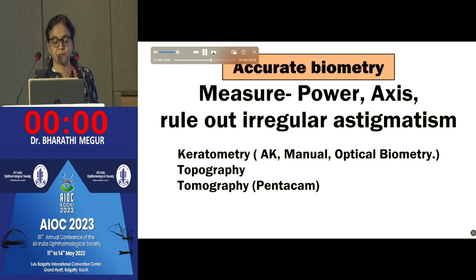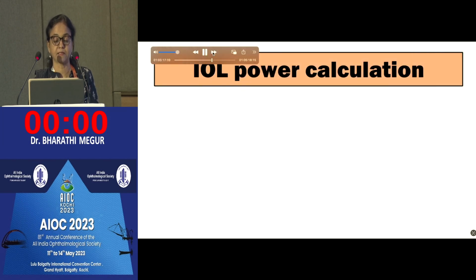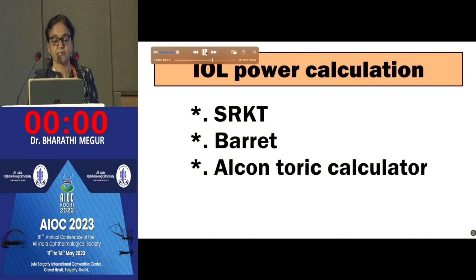Keratometry readings have to be taken multiple times so that we see that the multiple readings are concurring on the values. Coming to these formulas, these are excellent formulas, especially the Barrett Toric calculator.